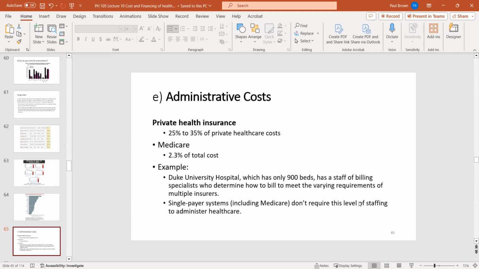So I'll give you an example. My uncle was a podiatrist, and what he used to do is he worked with Medicare. Podiatrists mostly deal with older people's toenails.